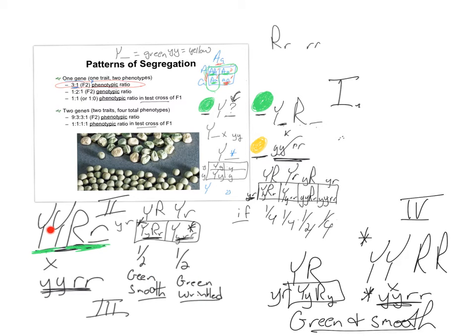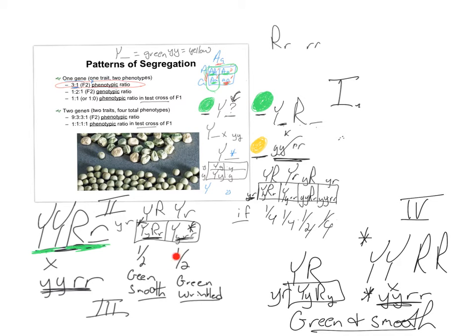If this were big R, big Y, little y and you test crossed it, it'd be 50-50 again, except they'd both be smooth because this is big R. So it would be green smooth and yellow smooth.